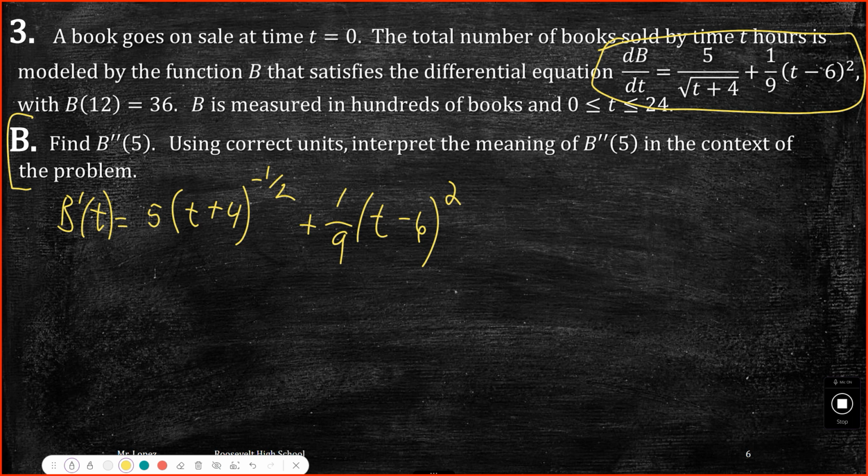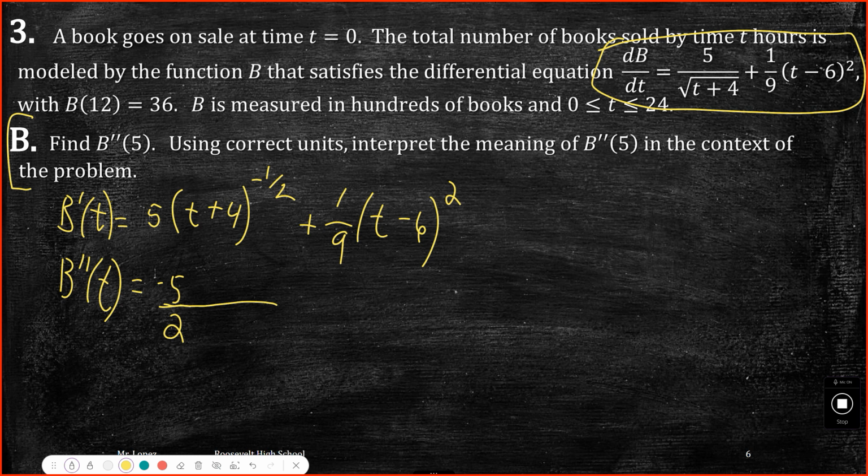Now we can take the derivative by using the power and chain rule for this first part. So B double prime of t is negative 5/2, and the derivative of the inside is just 1. They usually give you a chain rule, but here it doesn't do anything.